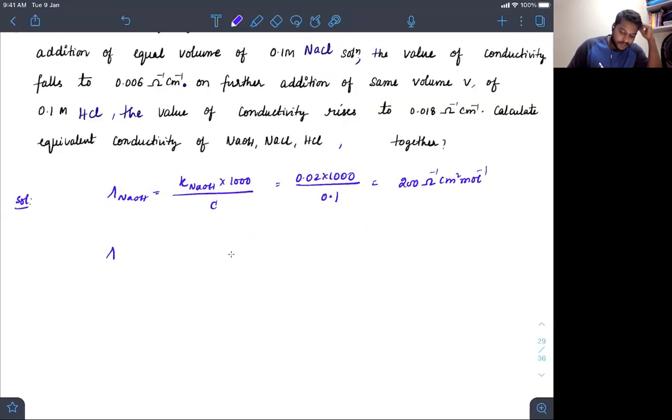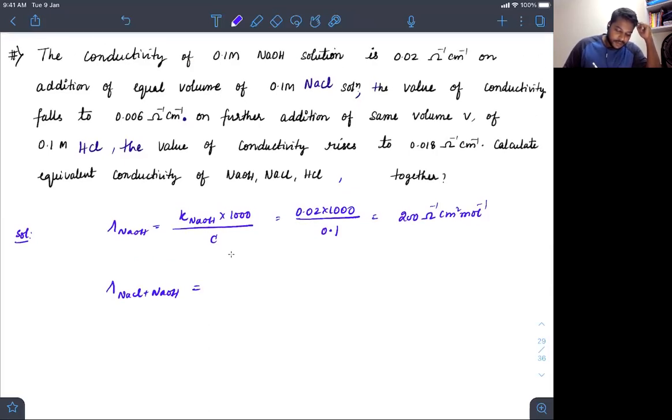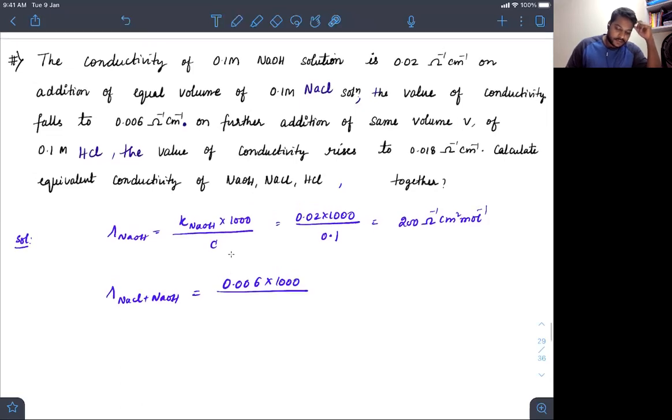Next, lambda m of NaCl now, correct? NaCl together. Now we have to take NaCl plus NaOH together, both of them. Now lambda of NaCl plus NaOH will be, kappa has now changed to 0.06 into 1000 divided by concentration, correct? Now what has happened here is the concentration of NaCl, where NaOH is already included in it.